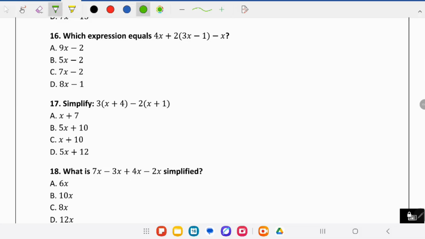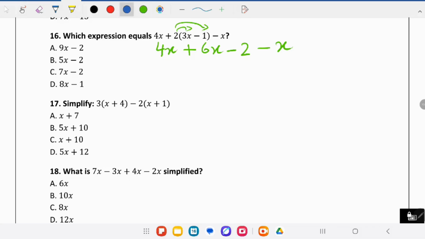In this question, I have 4x plus 2. I'm going to distribute this 2 here. So 2 times 3x is 6x. Plus 2 times negative 1 is negative 2. This negative x is outside the bracket, so I'm not going to multiply with 2. I'm going to write it as it is.